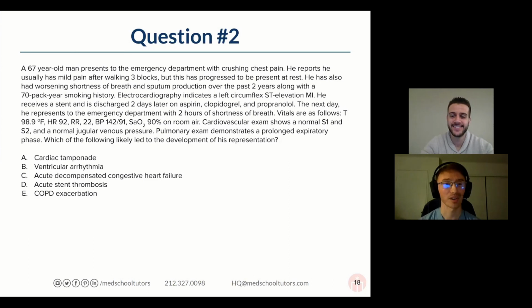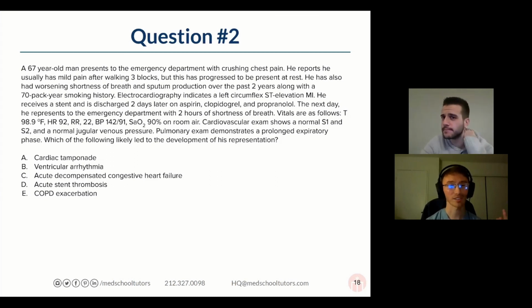He has also had worsening shortness of breath and sputum production over the past 2 years, along with a 70-pack-year smoking history. Wow. Okay, so we have this guy who's been smoking for a lifetime, and he's been having worsening shortness of breath over 2 years. So right now, what are we thinking?